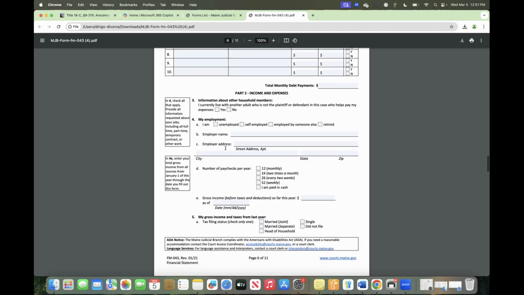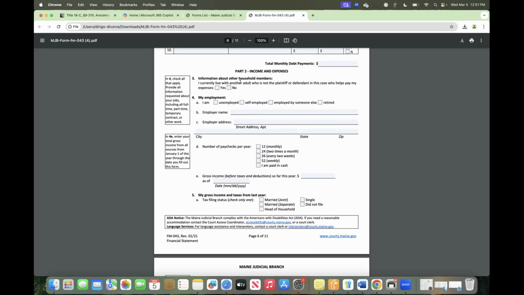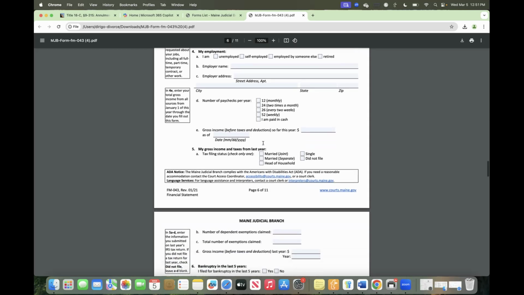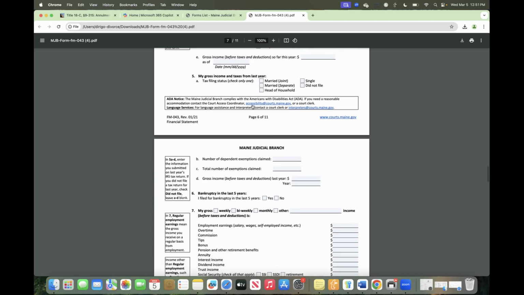The income and expenses, if somebody's helping you live in that house, wherever you might be, that's not the plaintiff or defendant, you'd put that here. You indicate whether you're employed or not, your employer's name, how many paychecks you receive, what is your gross income as of, and you put the date. So far this year, whatever that date might be.